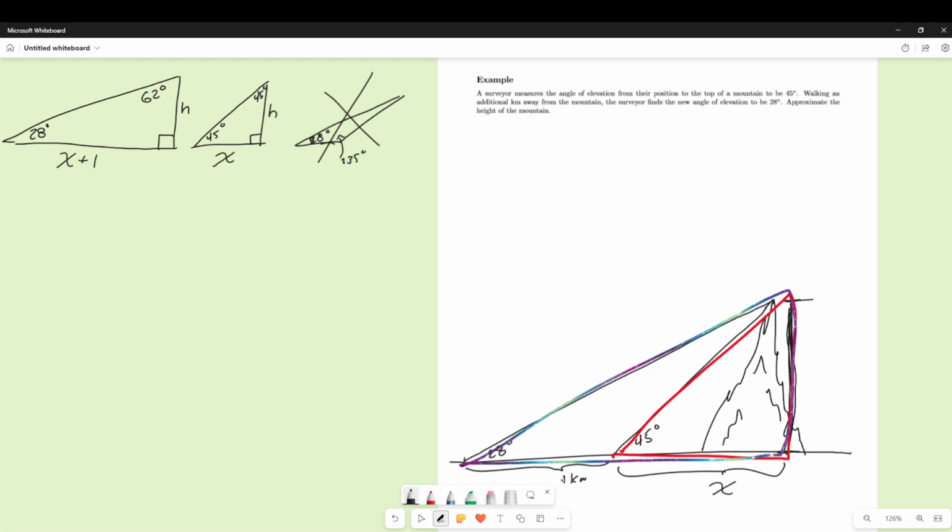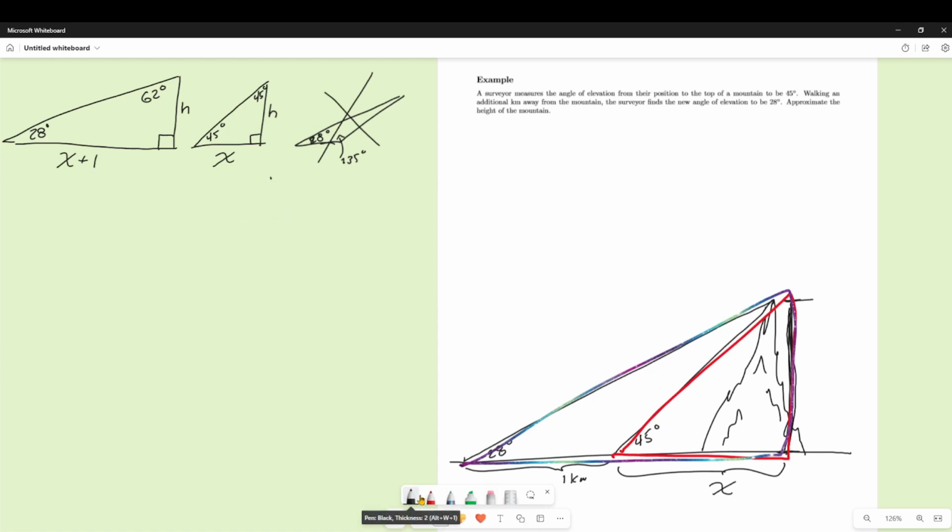Okay, so what are we going to do with that? Well, when in doubt, just start writing down things that we know. We know that the sine of 45 degrees is equal to, well, not sine. Why did I pick sine? I don't want sine.